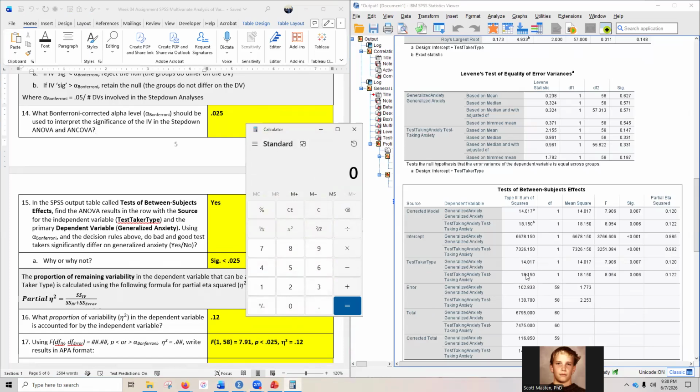So on the bottom here, we need to get our sum of squares IV plus sum of squares error. So that's 14.017 plus error of 102.833. That's 116.85. We need to divide 14.017 by 116.85.